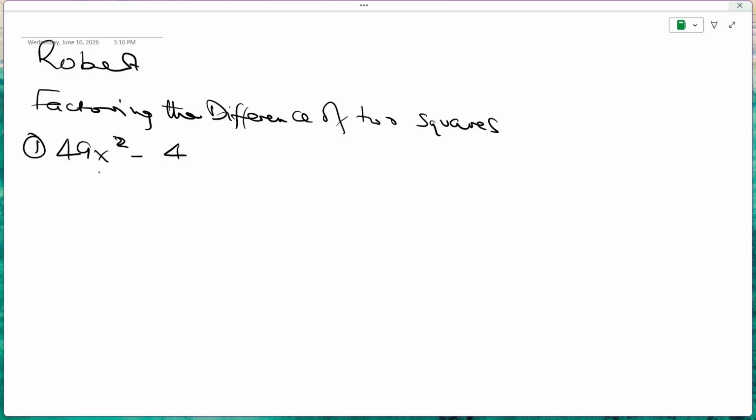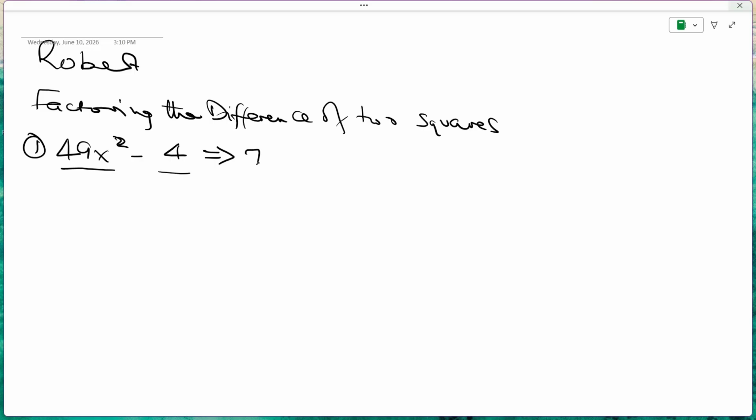So you can see that here we have a difference of squares. We have 49x squared and then 4. Those are two squares. We can actually try to express this expression in other ways.